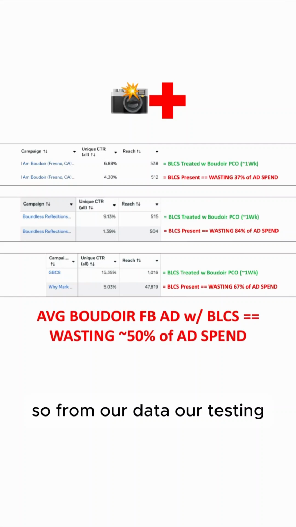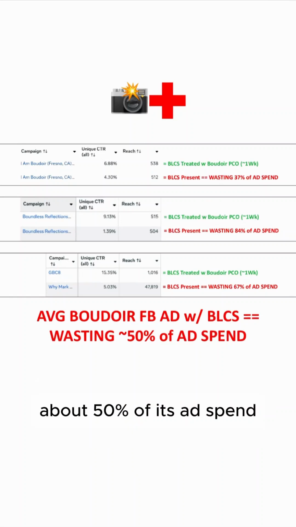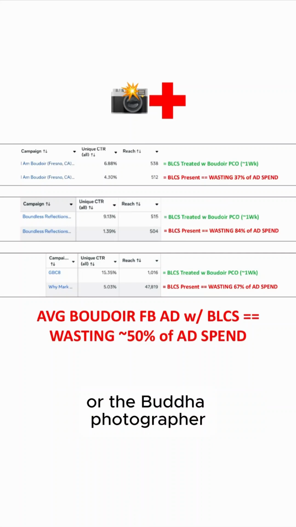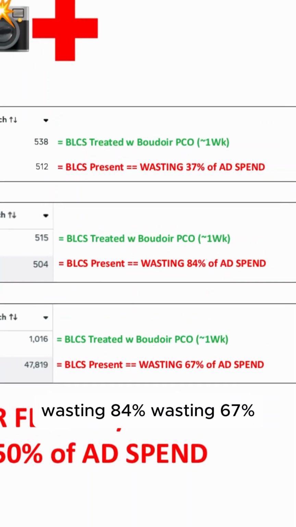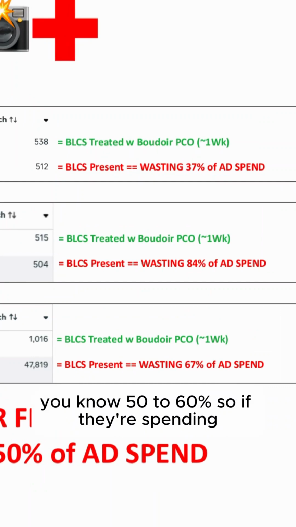So from our data, our testing, our real world results, the average Boudoir Facebook ad with BLCS is wasting about 50% of its ad spend, going straight to the Zuck, not doing anything for the Boudoir photographer. I mean, look at these numbers, wasting 37%, wasting 84%, wasting 67%. Average them up, somewhere in there, 50 to 60%.